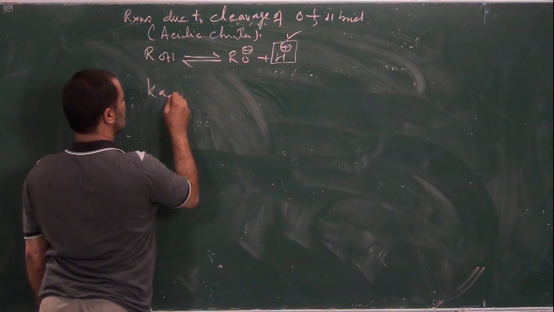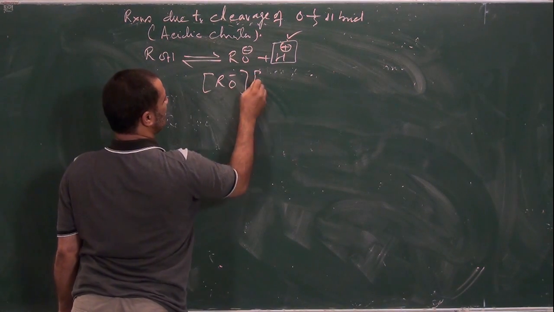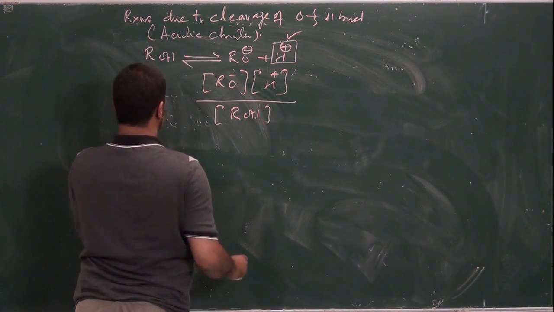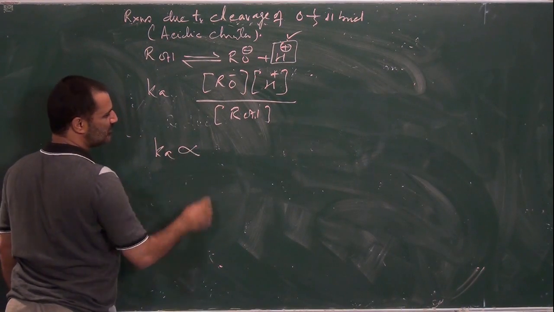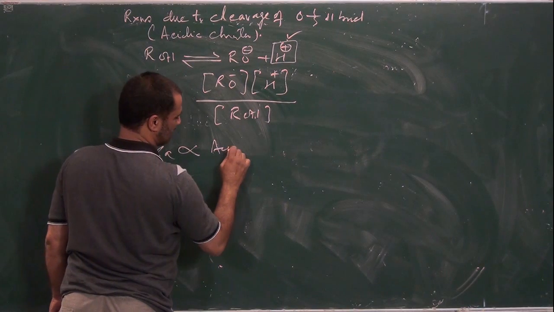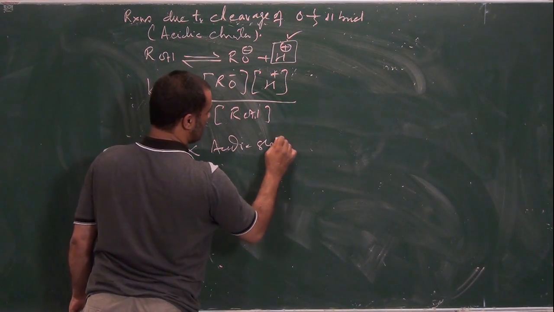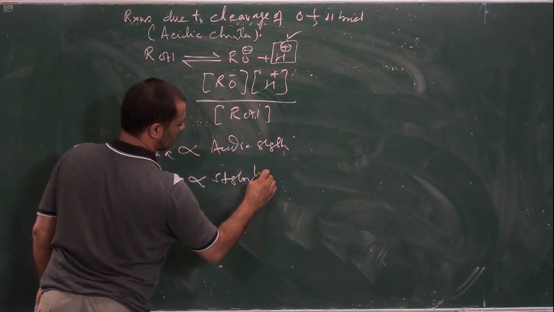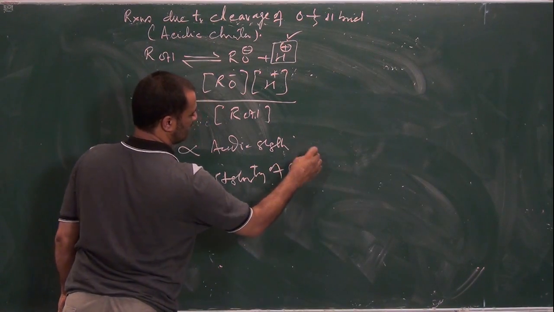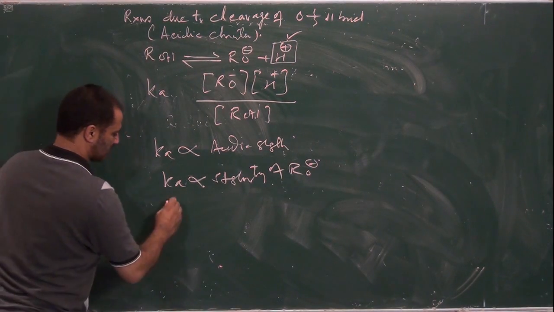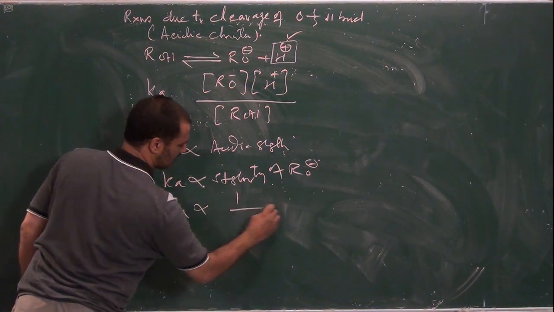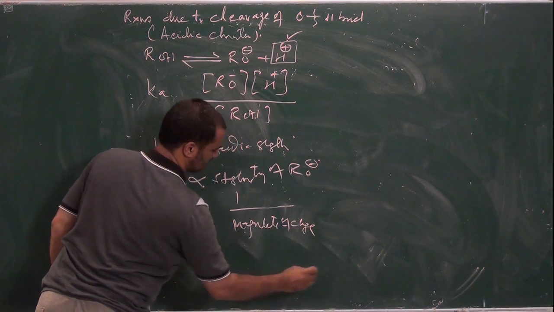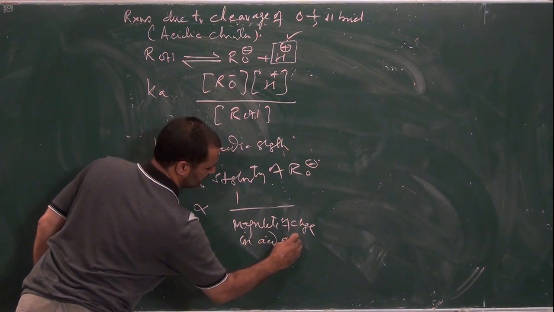So Ka is RO negative times H positive divided by concentration of ROH. Ka is directly proportional to acidic strength. Also Ka is directly proportional to stability of RO negative ion, that is the acid anion, and inversely proportional to magnitude of charge on the acid anion.